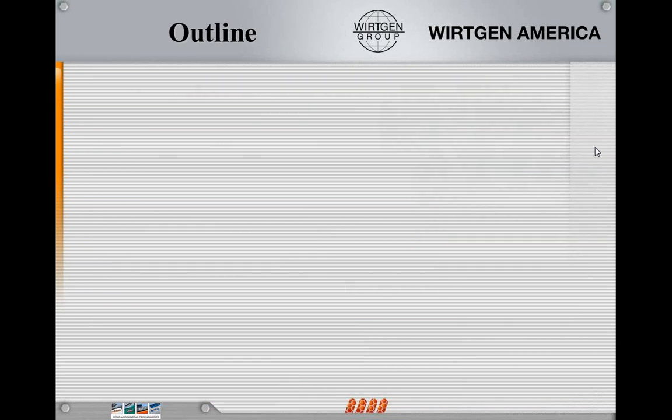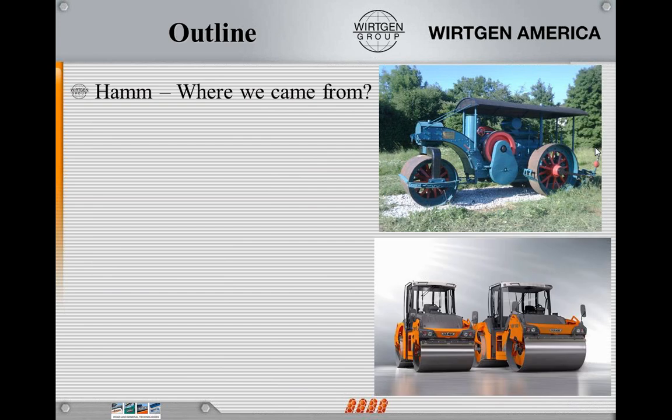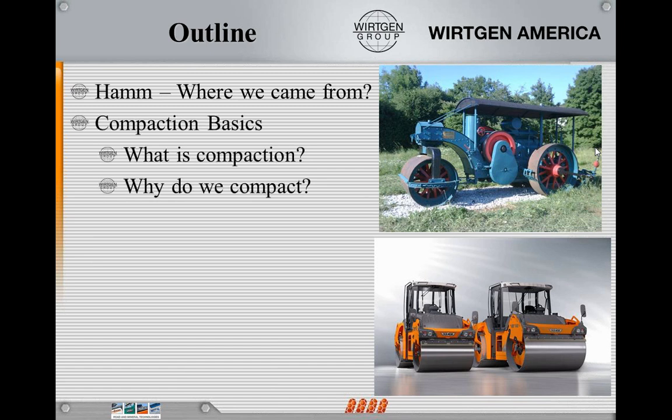So just to get started, I wanted to talk a little bit about HAMM and where we came from, to give you the history and background of what we've been doing through the years. We're going to start out with the compaction basics. What is compaction and why do we compact? And then we'll talk about the four different elements of compaction.